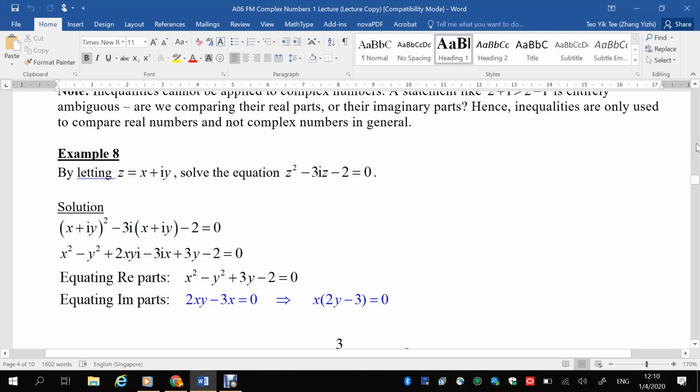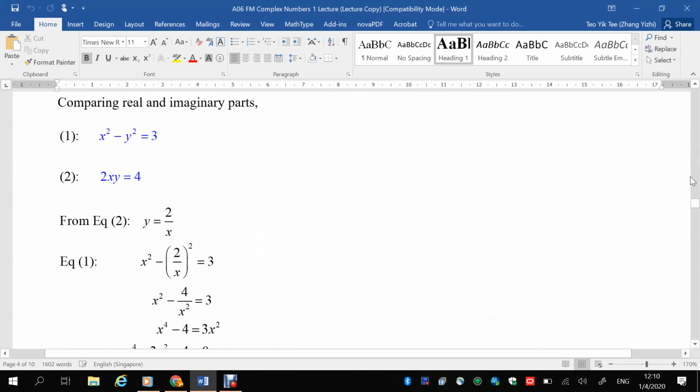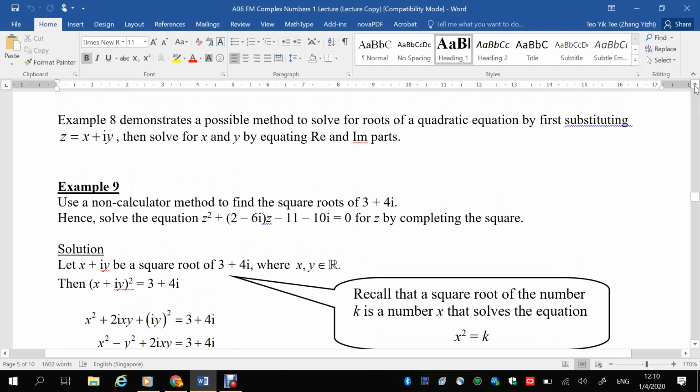So that leads me very nicely to introduce the next part. How do I find a square root of a complex number, if I want it in exact form? I want you to find the square roots of 3 plus 4i exactly, without using a calculator.